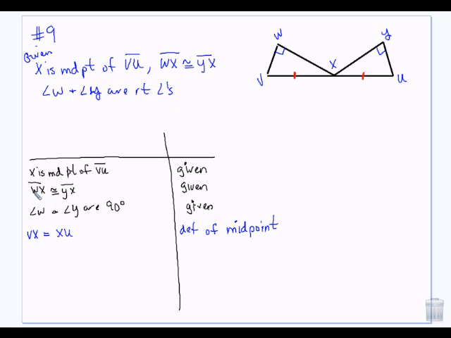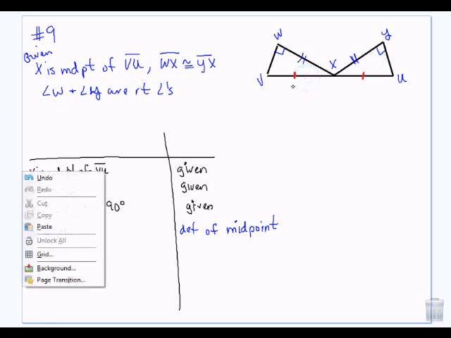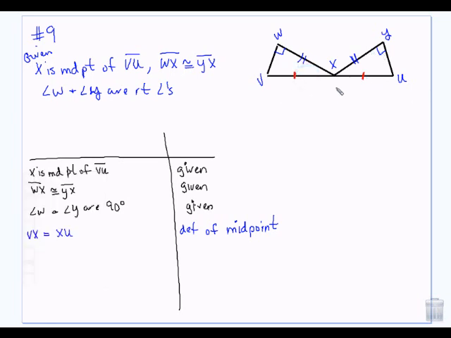WX and YX are congruent. That's given. So here's WX and here's YX. And then I have that angle W and angle Y are right angles. So I have right angles, which means I'm going to have hypotenuse in something possibly. So I look at the angle and I look at what's across from the angle.